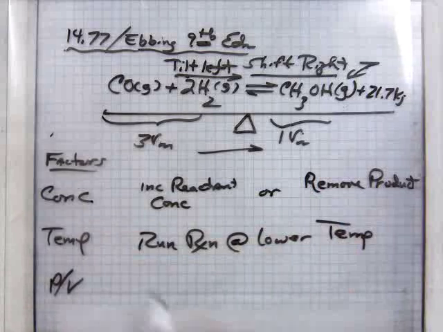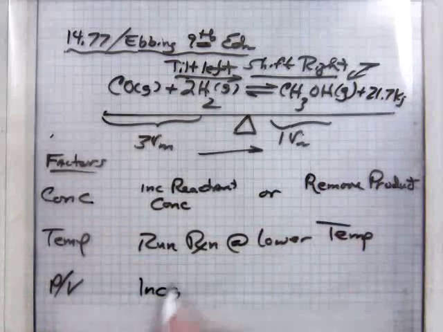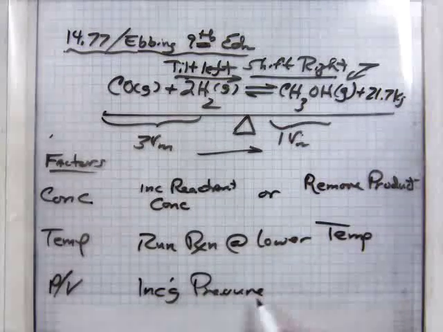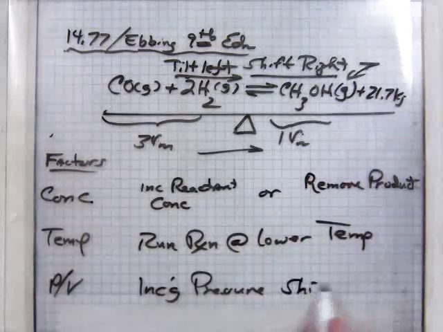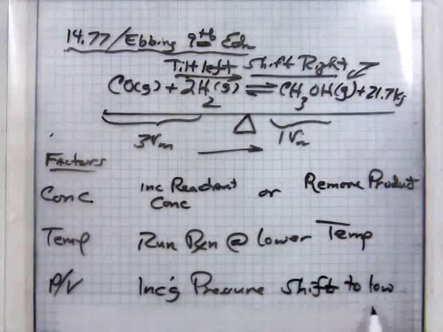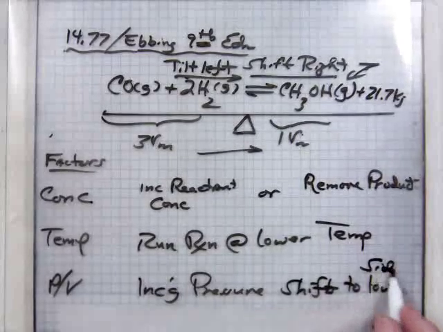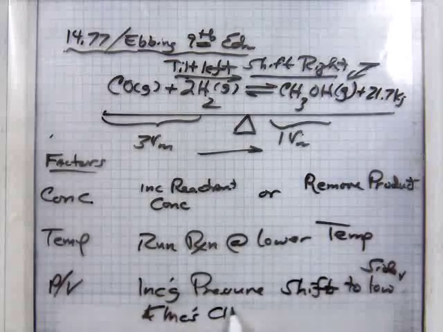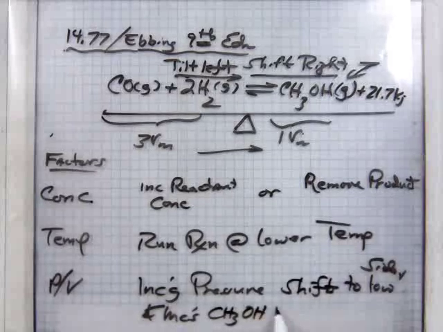Increase pressure. So increasing pressure shifts right to the low side and increases CH3OH yield.